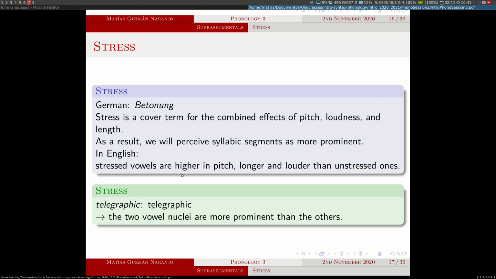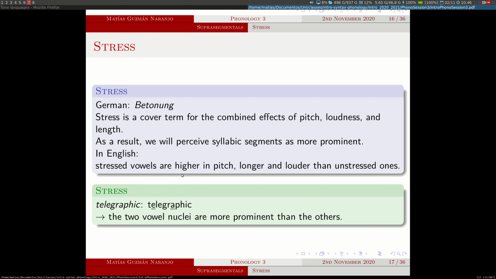Another relatively well-known phenomenon is stress. Stress is very hard to define, and phonetically it combines pitch, loudness, and length, and different languages do stress with different cues.